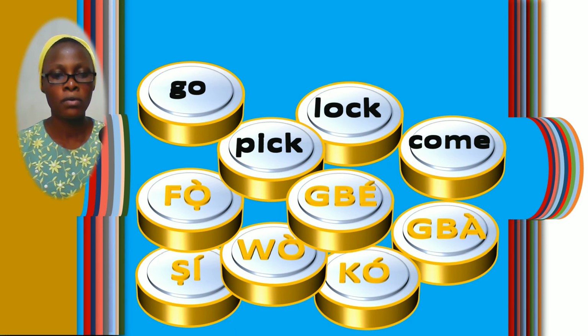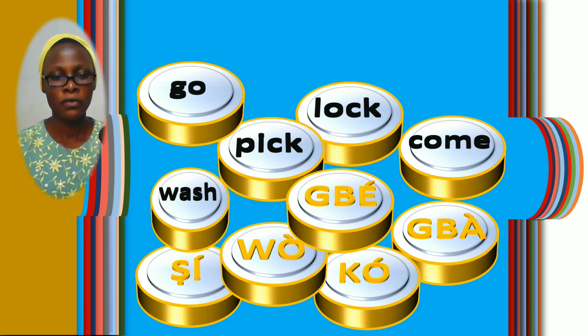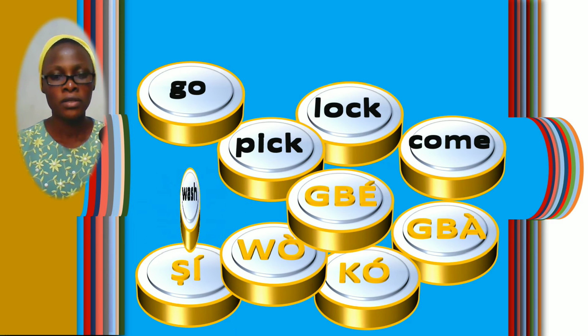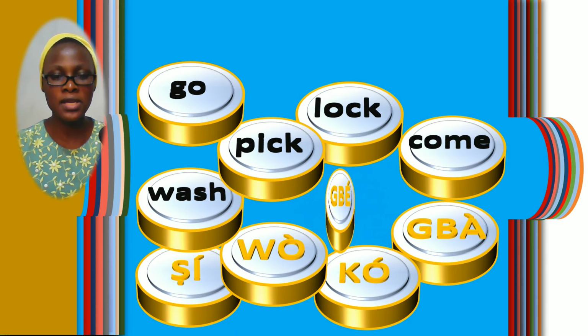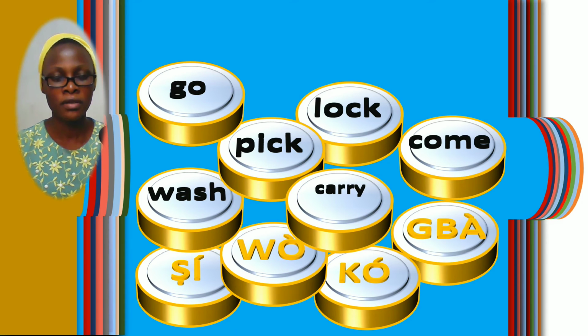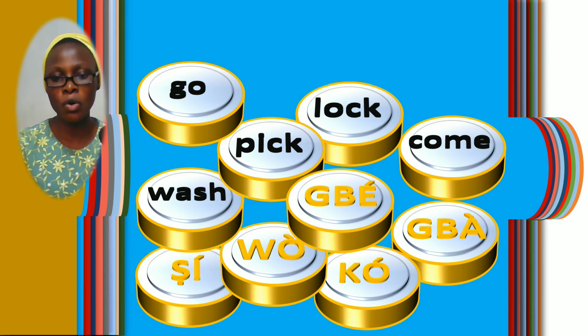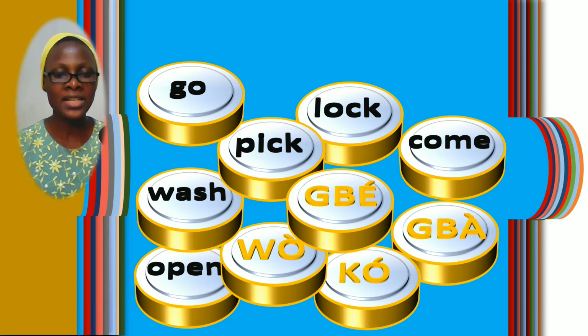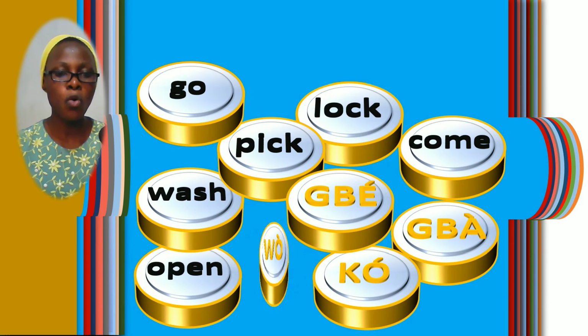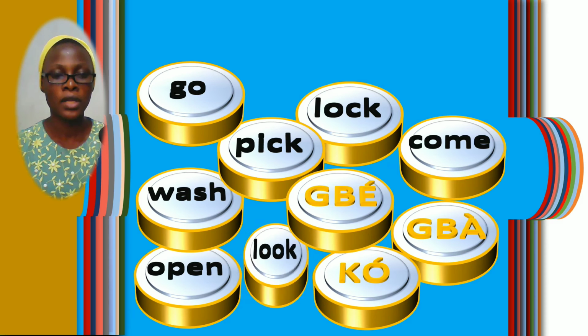This is 4 and 4 is wash. Alright, this is bay and bay is carry. Alright, this is she, and she is open. And this is wo, and wo is look.